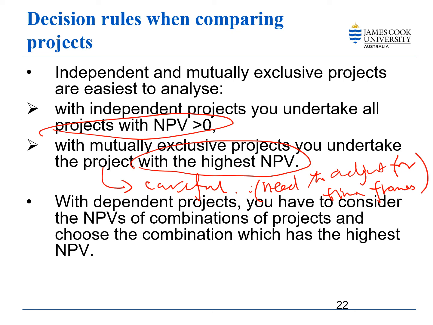Like in the previous topic, we talked about rolling over the shorter period projects or equivalent annual net benefits. You want to be aware of this. With dependent projects, you have to consider NPVs of combinations of projects. The idea here is that, rather than treat these projects separately, combine them into one and choose the combination which has the highest NPV.